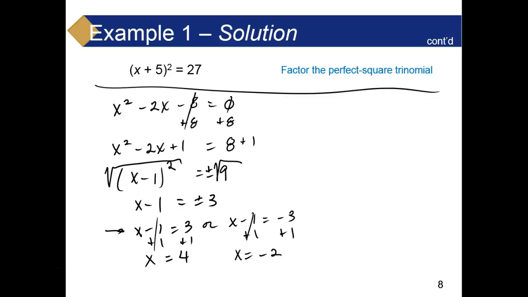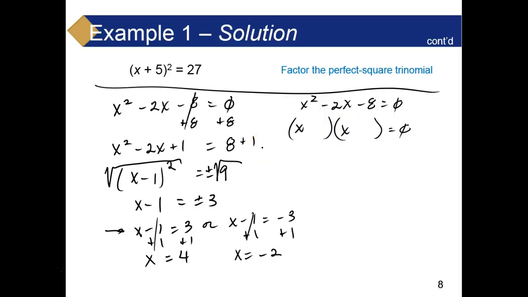It said do it by completing the square, but guess what? x squared minus 2x minus 8 is equal to 0. If you were going to factor that, what would it be? Where do you look first? The first term's x squared. What would that factor as? x times x.